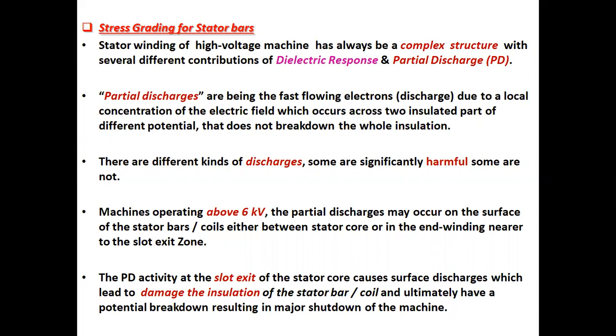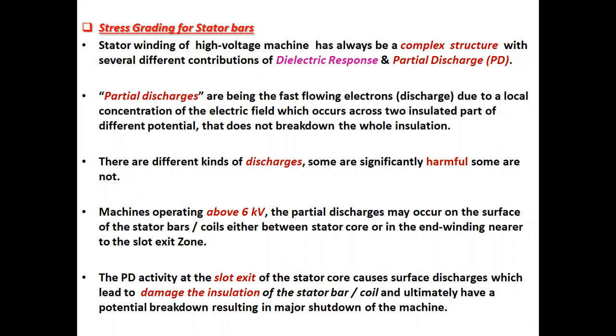There are different kinds of discharges. Some are significantly harmful, some are not. In machines operating above 6 kV, partial discharges may occur on the surface of the stator bars or coils, either between the stator core or in the end winding nearer to the slot exit zone.